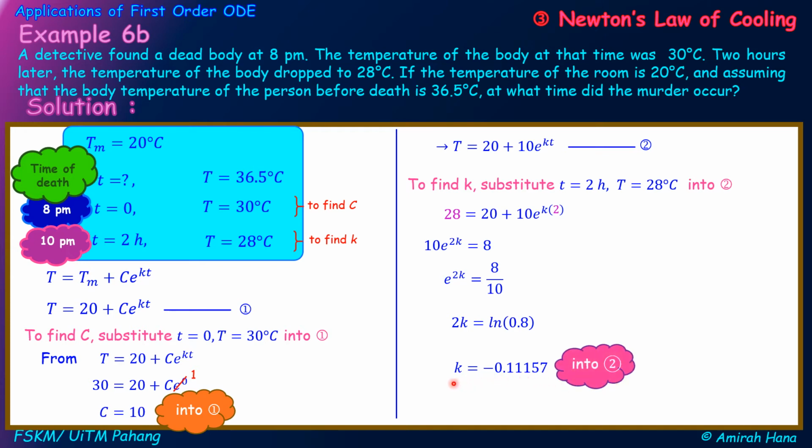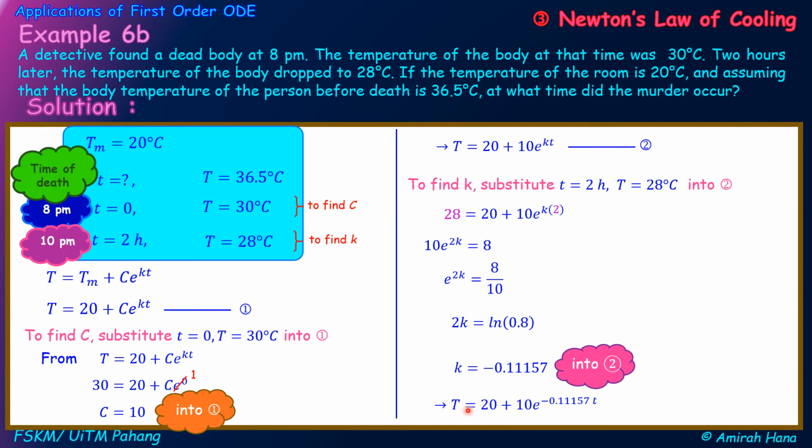Right, after that, we substitute the value of K into equation 2. Okay, so after we substitute, we get this. We substitute K equals negative 0.11157 into K in equation 2. So we get this, right?